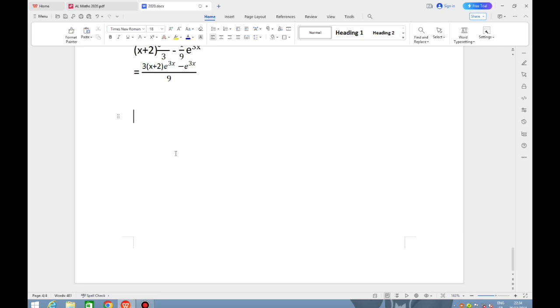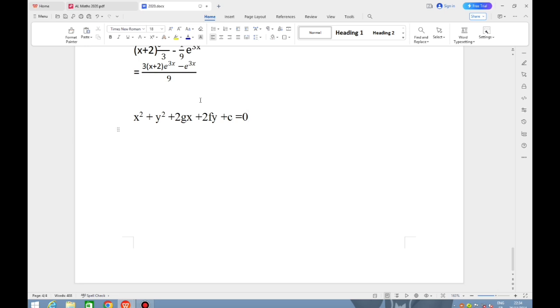Alright, now to solve this, first we need to know the equation of a circle. The equation of a circle is in the form x squared plus y squared plus 2gx plus 2fy plus c is equal to 0.